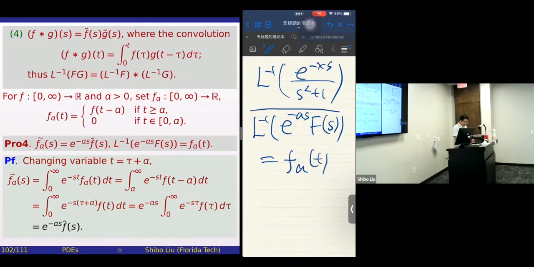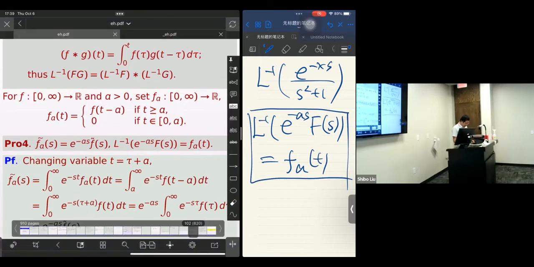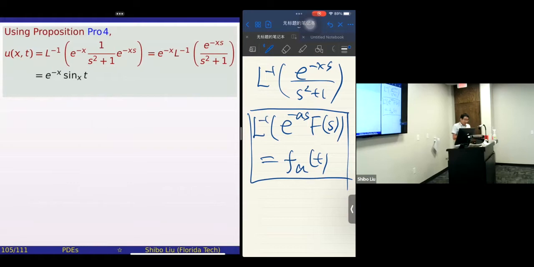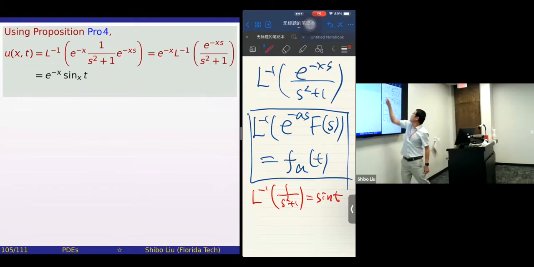Using this property, because the inverse transform of 1 over s squared plus 1 is sine t, the small f is sine t, and the a here is our x.